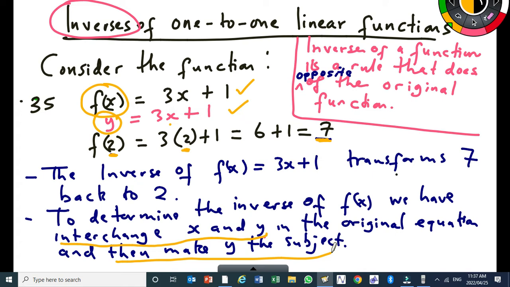Okay? Can you copy these 2 points? Copy down those 2 points quickly. This one here and that one.